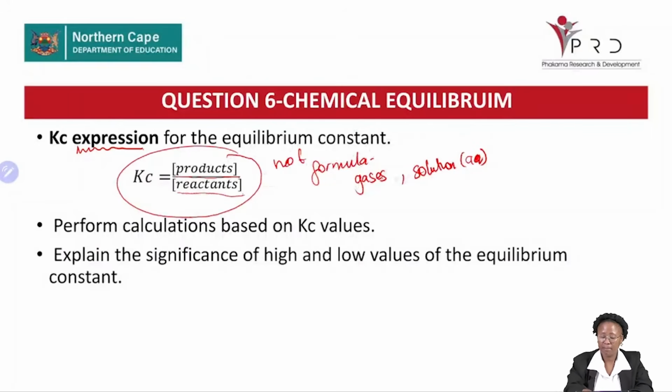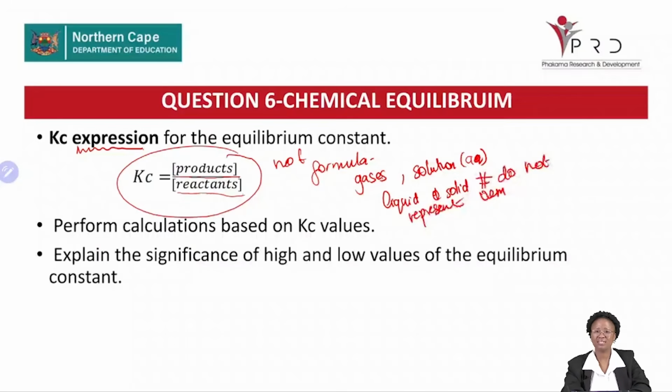Liquids and solids we do not represent. Why are we not representing them? Because they have a concentration that is constant. So because they have a constant concentration, we don't really have to include them on the Kc expression.